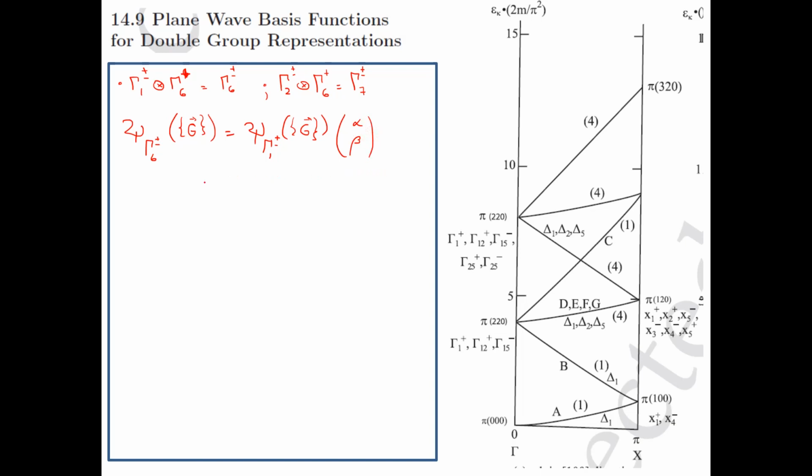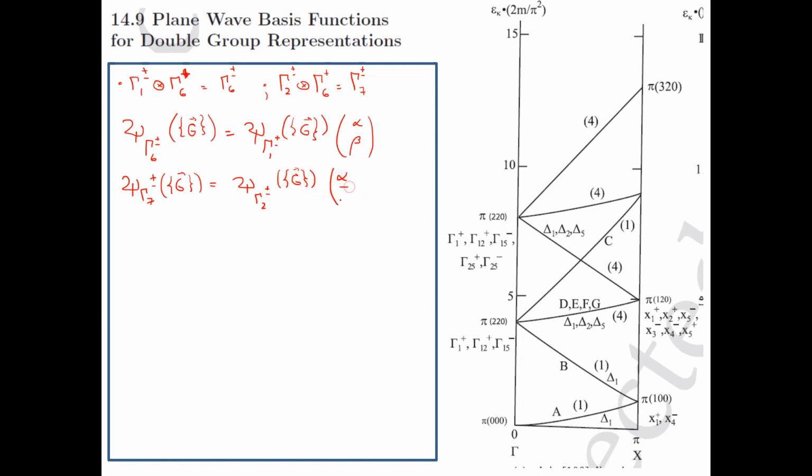Okay, and the same for the gamma 7. You just multiply the spatial or orbital part, in this case gamma 2 plus or minus, combination of different plane waves, symmetrized.